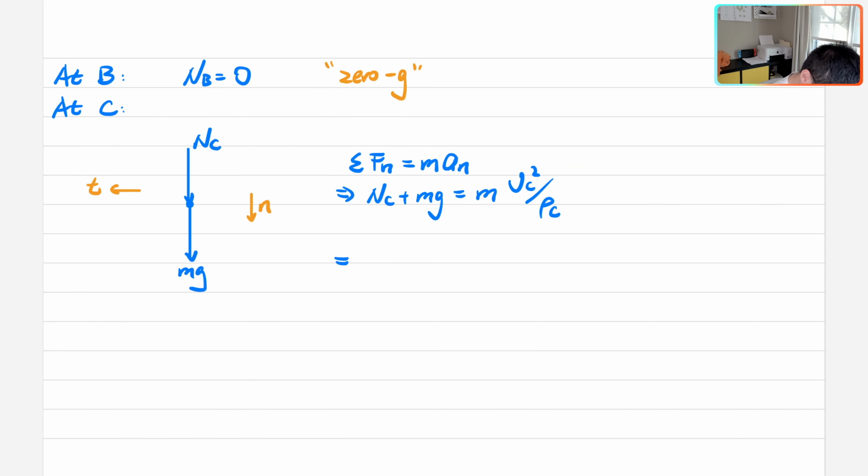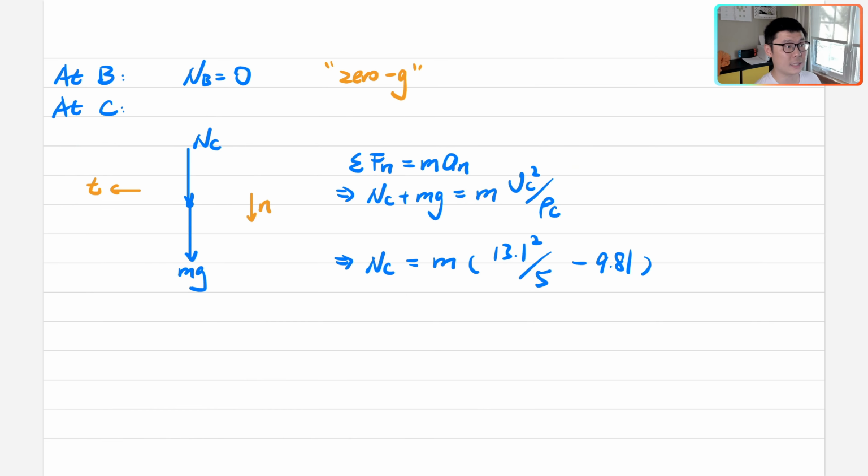All these are given. Nc equals m, 13.1 squared, the velocity, divided by rho c, 5 meters, minus 9.81, and the mass is 700 kilograms. Our Nc can be calculated: 17,158.4 newtons.